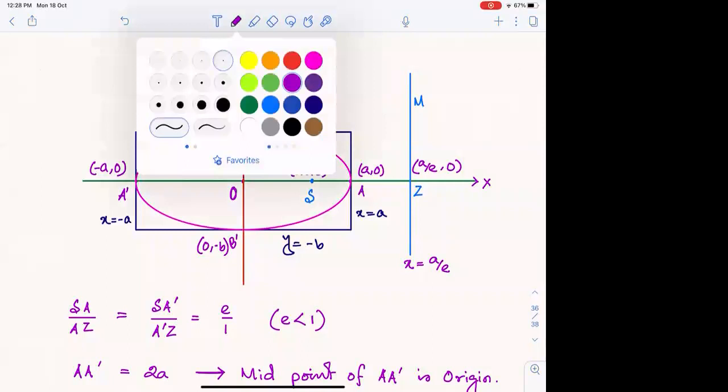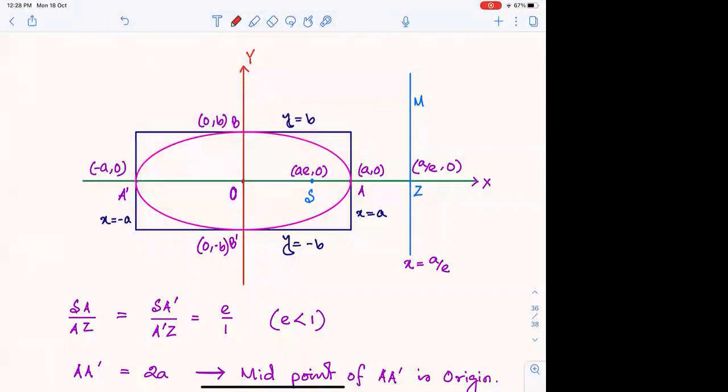So no change in the ellipse, but we are going to get another point S dash as the image of S, and we are going to have another line as the image of ZM, say Z dash M dash.